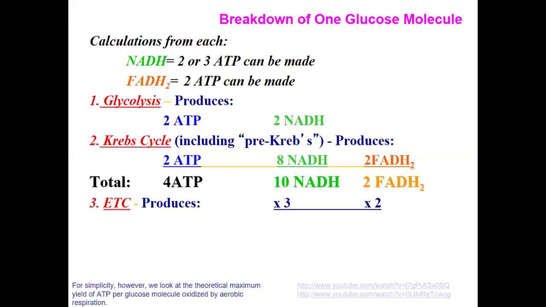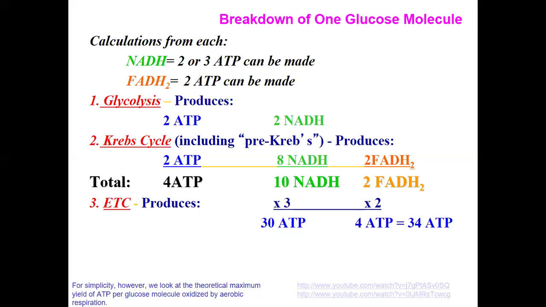Now, if you go to the electron transport chain, it makes use of NADH and FADH2. If you have 10 NADH available, each goes 3 times to produce ATP.